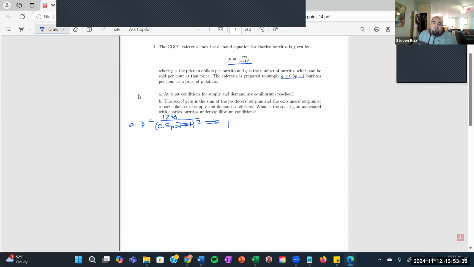So what do I have now? I have P equals 128 over 0.5 P squared. So that becomes 1/4 P squared.